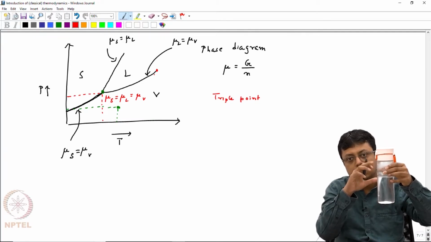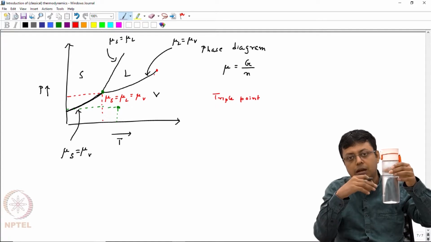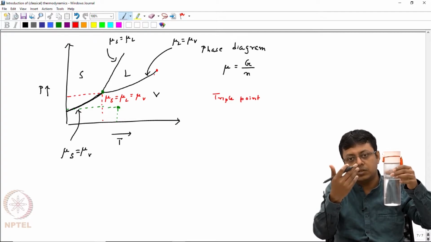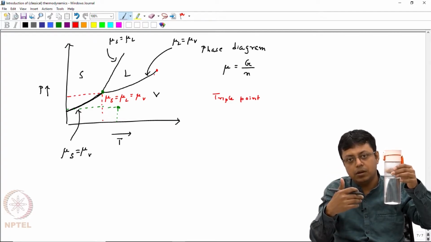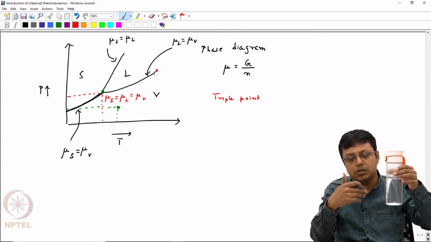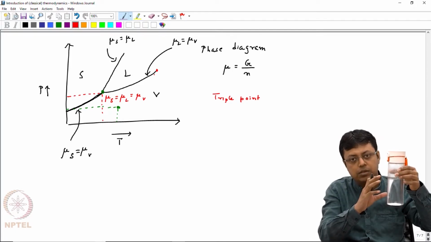Because this is a closed system, some water will vaporize, but then quickly it will reach the vapor pressure. Then no further net evaporation will happen. Molecules are of course leaving the surface, and molecules are also coming back to the liquid from the vapor phase. So this is under equilibrium, and we have a vapor in equilibrium with its liquid, which is the situation right now.